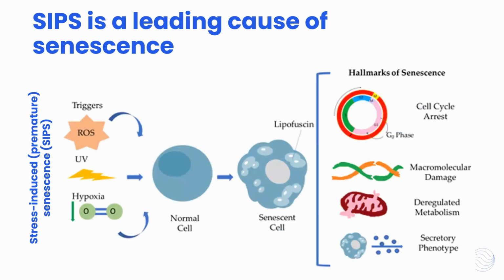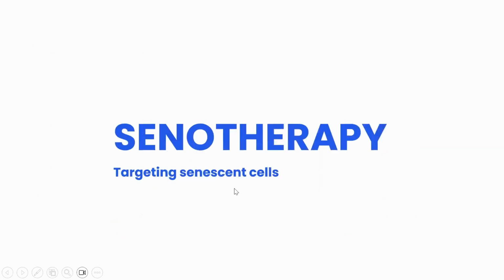In short, coming back to this slide where I showed that stress-induced senescence is mostly caused by these triggers damaging and stressing otherwise normal cells. And the link here is causing DNA damage. When cells are stressed, the DNA becomes damaged. And if the DNA is damaged enough, it can trigger cell senescence.